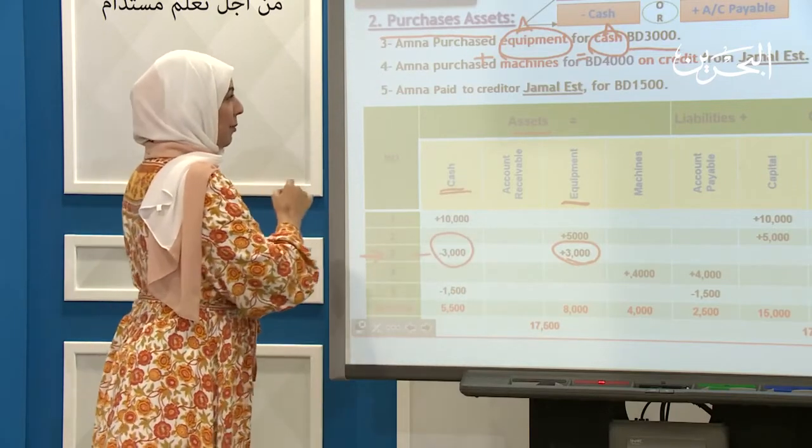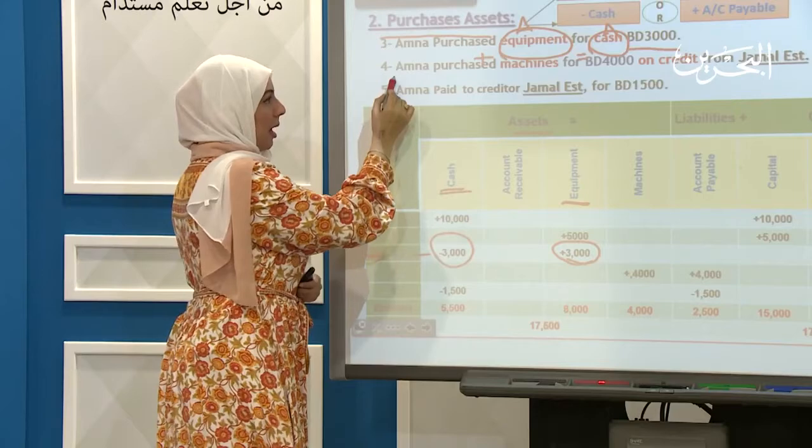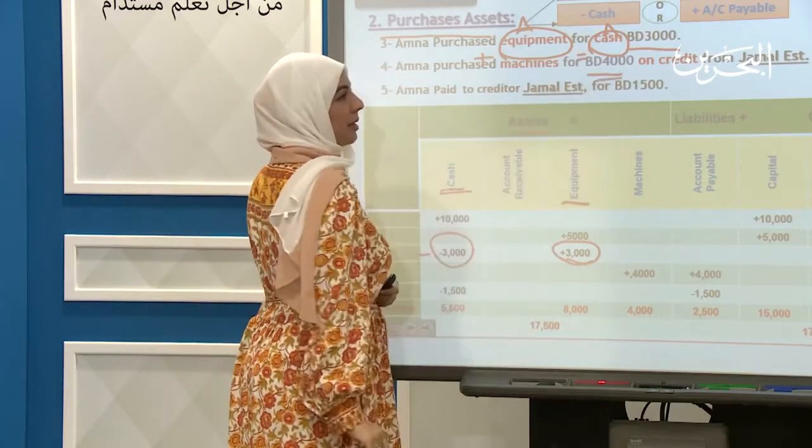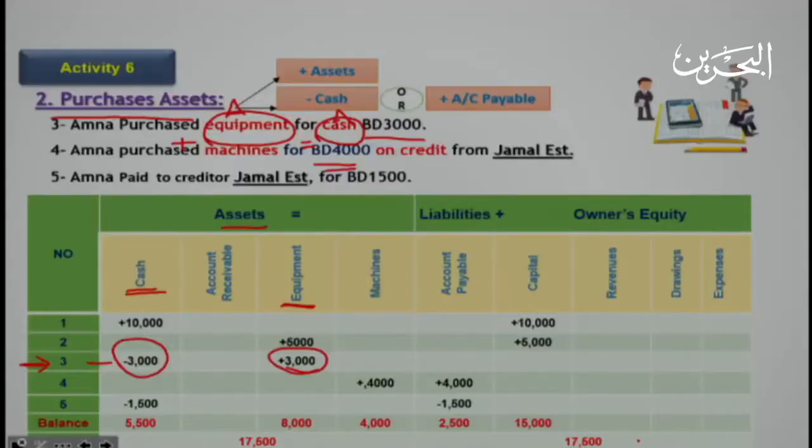Shifting to the fourth transaction, Amna purchased a machine for 4,000 on credit from Jamal establishment. If I buy a machine, the machine for my company will increase, and on credit, I know that I didn't pay for this machine. So this will be a liability to my company.